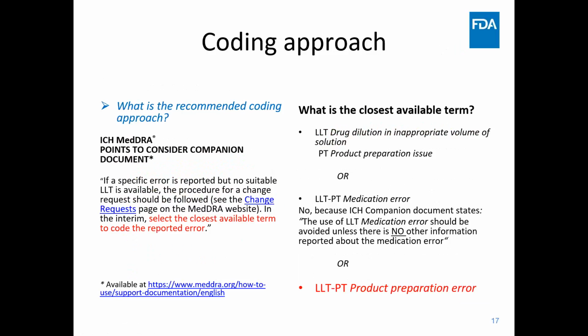So one always prioritizes the error-specific terms and the narrow scope in the review, and then goes to the broad scope as well. And it's important then to identify a report of an error with an error MedDRA term. Okay, so that's the correct one.